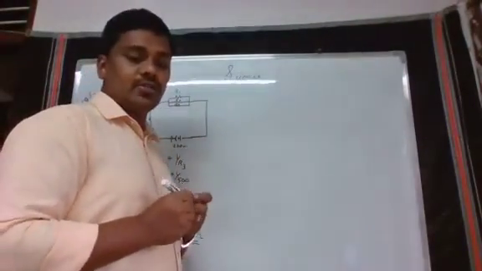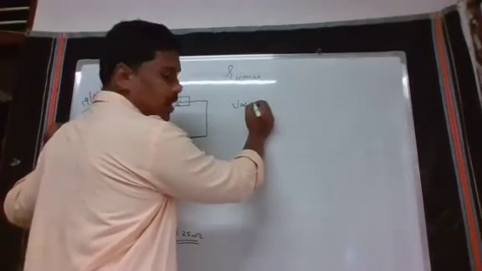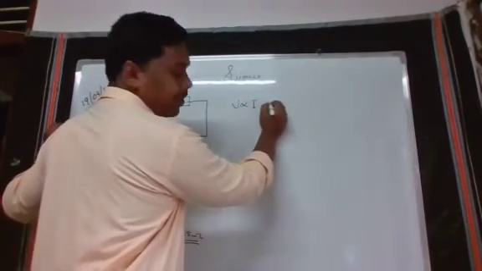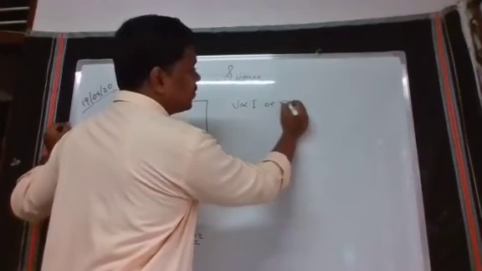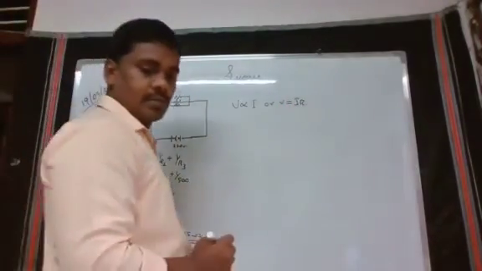So V is directly proportional to I, or V is equal to IR, where R is constant.